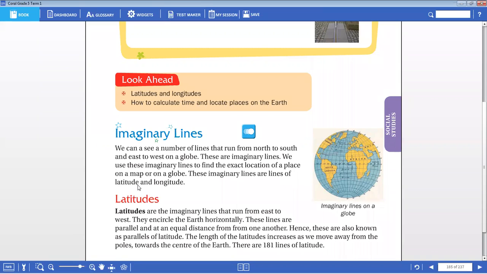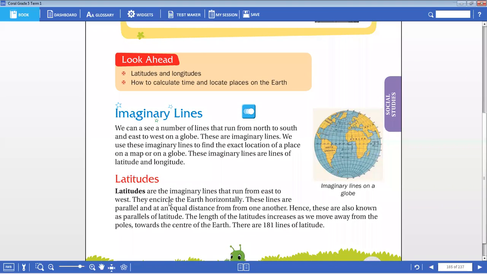Latitude and longitude. Horizontally. Parallel. Distance.